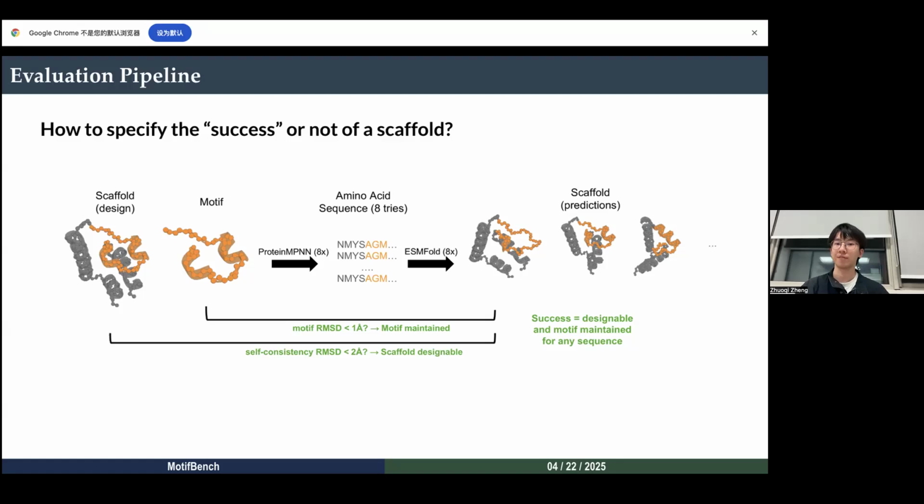We also want to know whether the generated scaffold has the ability to find a compatible sequence, so we have the self-consistency RMSD, where the threshold is set to 2.0 angstrom. The two metrics correspond to motif maintenance and scaffold validity. For each scaffold, if any of the 8 sequences generated by ProteinMPNN satisfies both of these criteria, we call the scaffold a success.